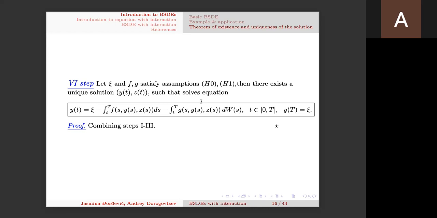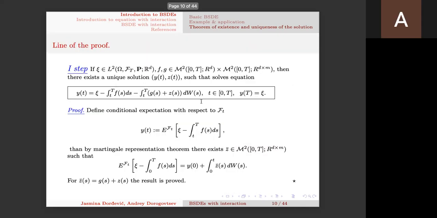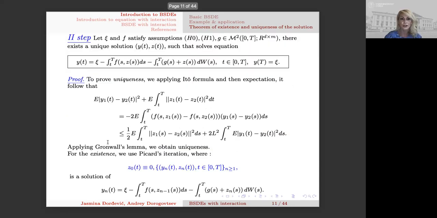And secondly, in one step, we use the Ito formula for backward stochastic integral. Am I right? Yes, this is actually all. So these are two new features which we have compared to the ordinary SDE, yes? The first one which you mentioned here, and the second one actually when we apply it.